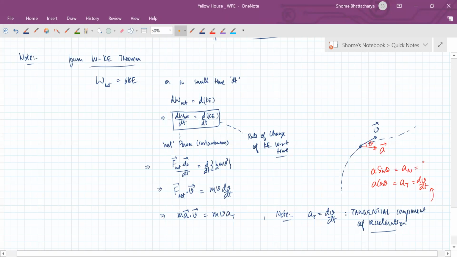And this is the centripetal acceleration. That is the logic of this statement actually.